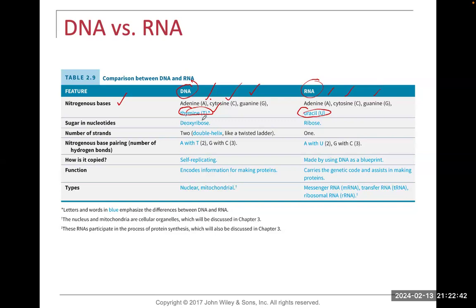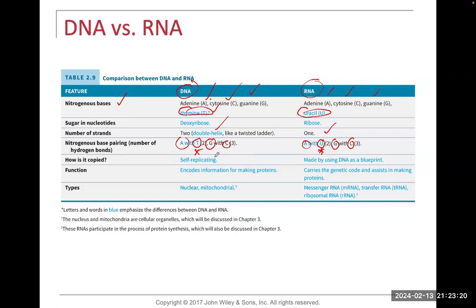The sugar in the nucleotides in the DNA is deoxyribose, and in RNA, it's ribose. What are the number of strands? In DNA, it's a double helix, and in RNA, it's single-stranded. The nitrogenous base pairing, the adenine with the thymine, the guanine with the cytosine, that's in DNA. Adenine with the uracil, and guanine with cytosine in RNA. So uracil is the one that substitutes thymine.